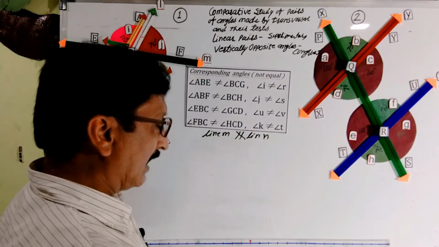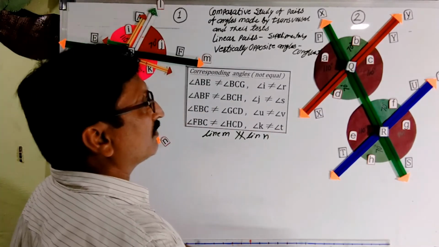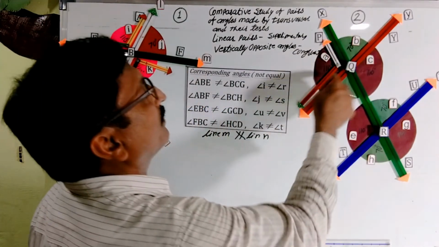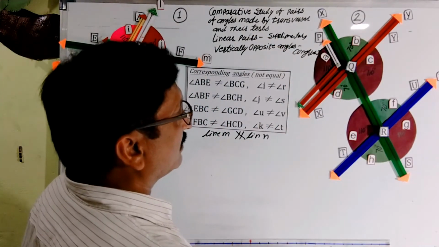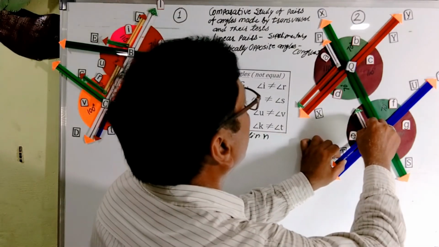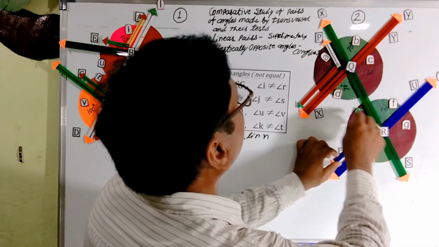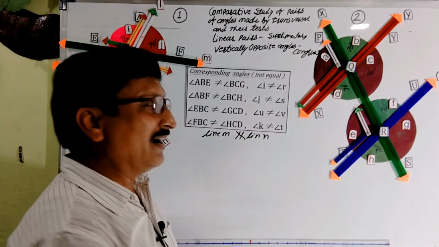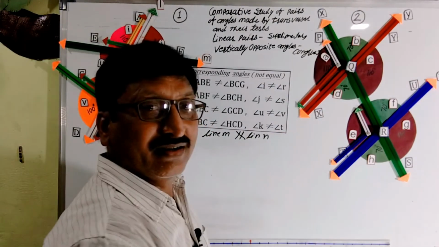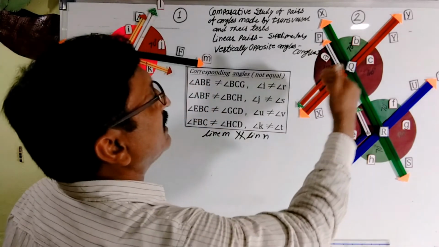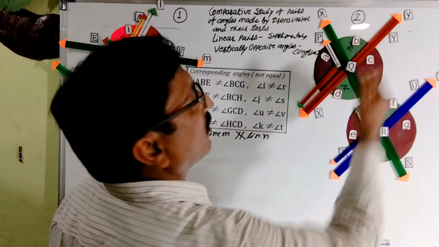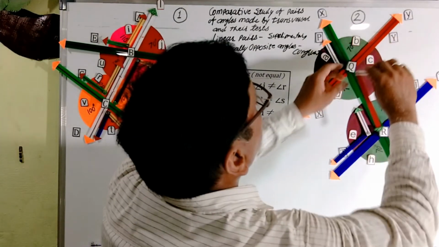Now see in this diagram, let us show some corresponding angles here. This is again the left hand side of the transversal in upward direction. Similarly, the corresponding second angle will be in such a way. See, angle A and angle E. The measure of angle A is 110 and angle E is 110. Well, let us see another angle here on the right hand side of the transversal in downward direction.